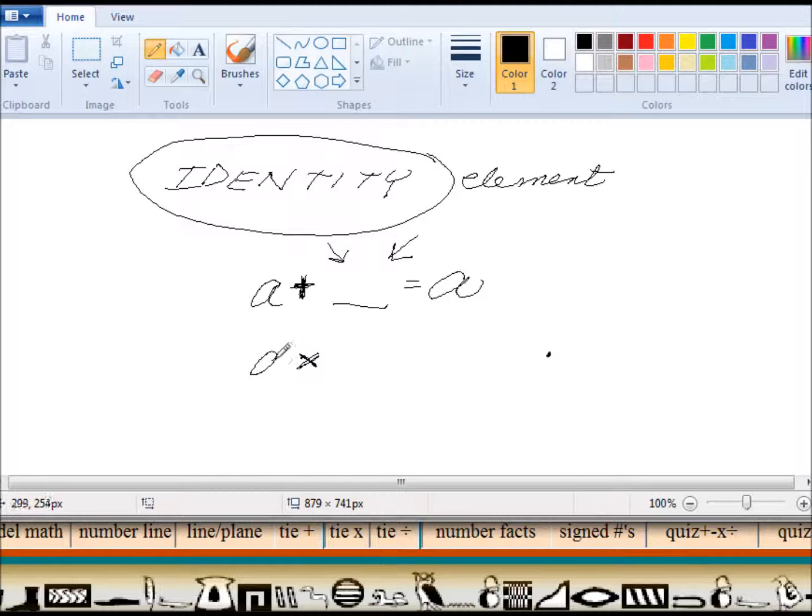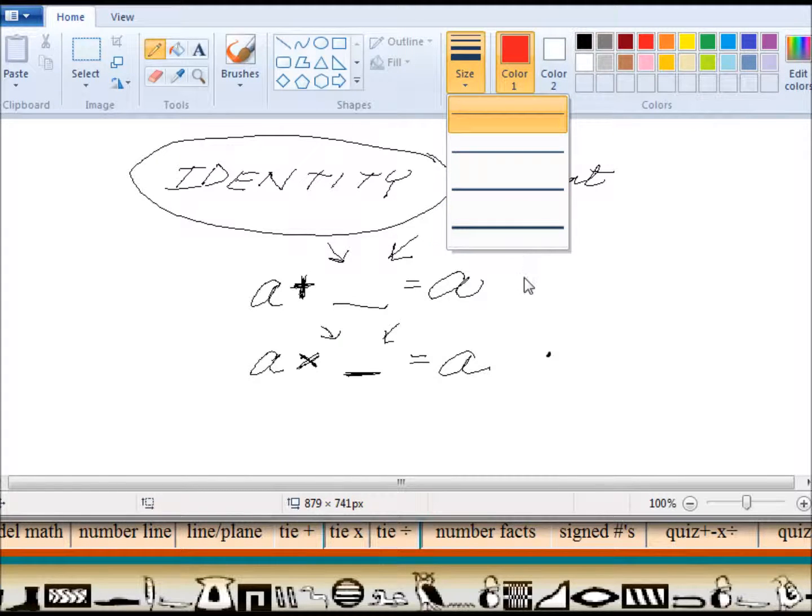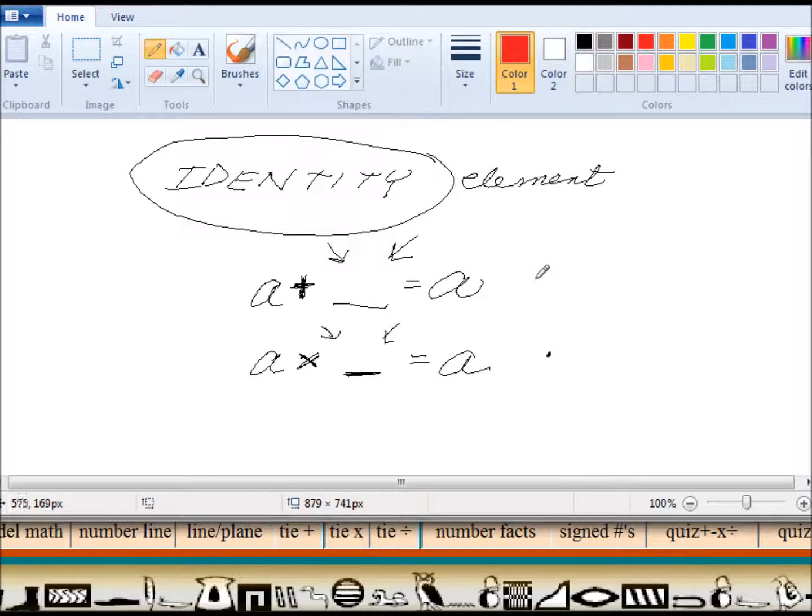If you take any number and multiply it by some number and get the same thing that you started with, that's the identity element for multiplication. So we're after the identity elements for addition and for multiplication.